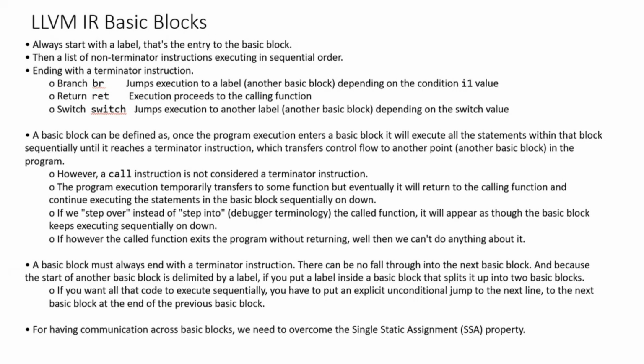Because the start of another basic block is limited by a label, if you put a label inside the basic block, that splits it up into two basic blocks. So if you want all code to execute sequentially, you would have to put an explicit unconditional jump to the next basic block at the end of a previous basic block.